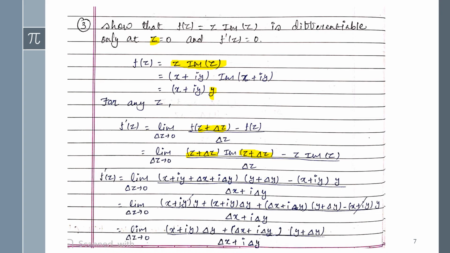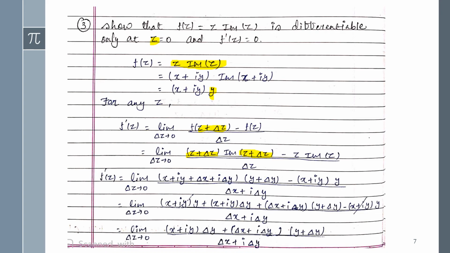So of course the function will be as it is, z times imaginary z upon delta z, keeping as it is. Okay, now you can see that we have just given some simplification of this z into the imaginary z. Okay, so directly I am going to put this value after this one.